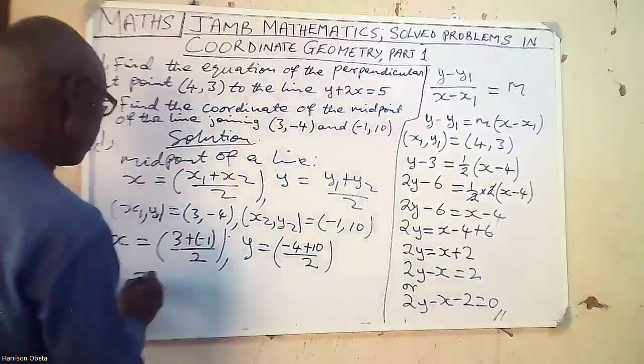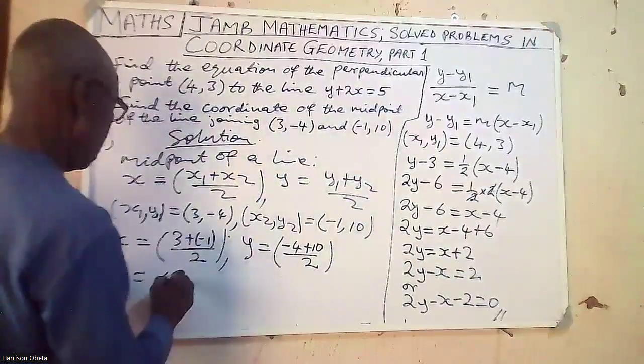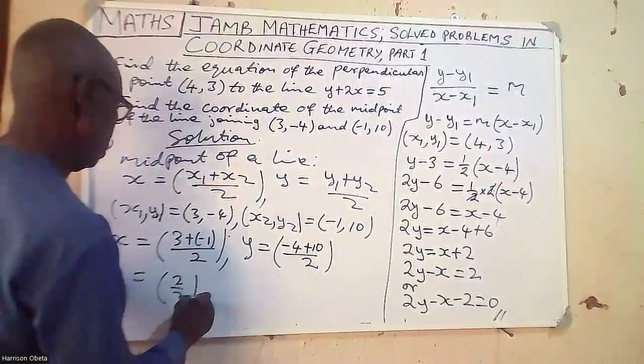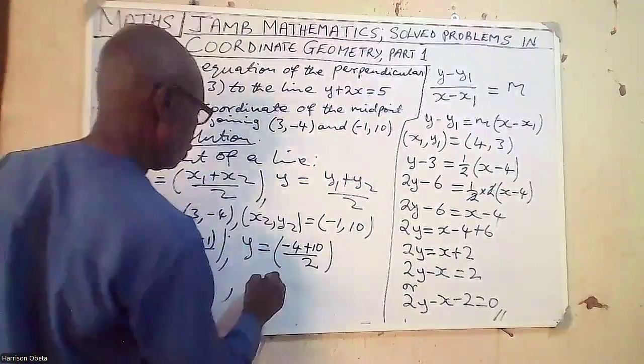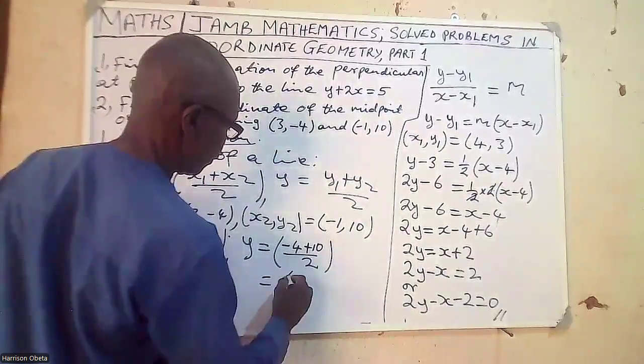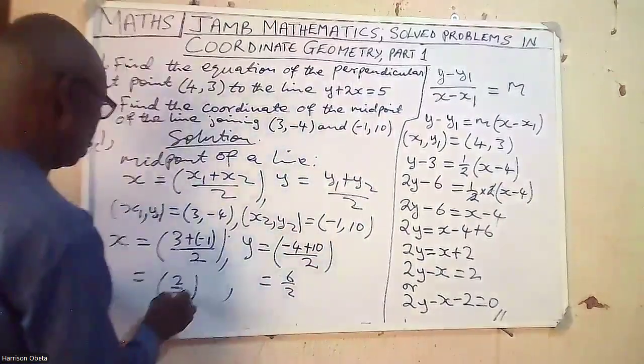This one will give us 3 minus 1 is 2 over 2. Then this one also will give us 6 over 2. So we divide.